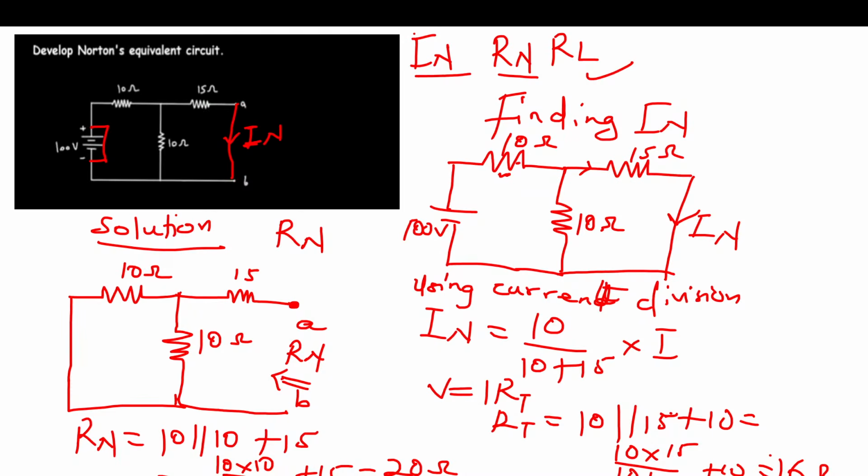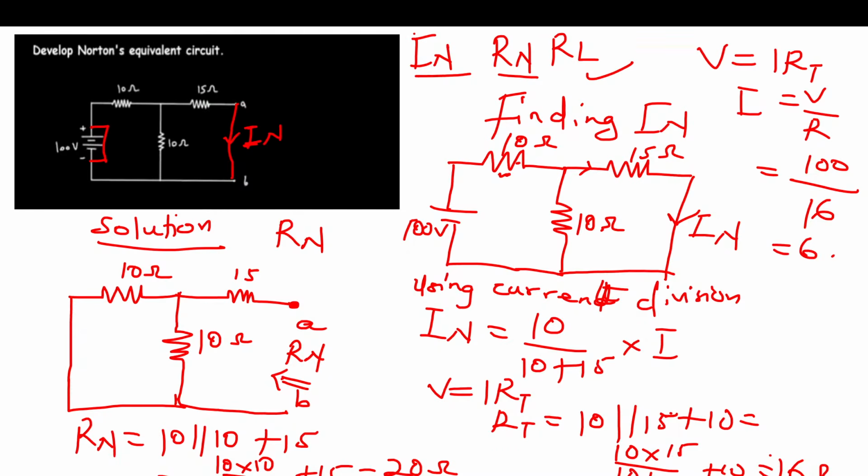Alright, so if that is RT and V is equal to IR, then we can find the total current, which is V over R. Okay, so we have 100 over 16, right? Okay, so we are going to get the total current to be what? 6.25 amperes.